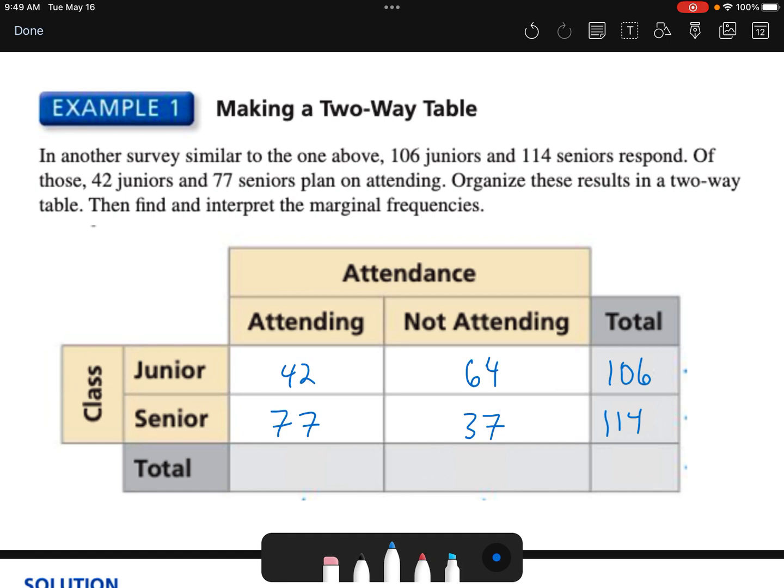You can check my math, but I'm pretty sure that's right. Well, that adds up to 120 and 119 there. And this has to add up to, not 120, sorry, 220. And then these would then also have to add up to 220, and they do. So that's a two-way joint frequency table.